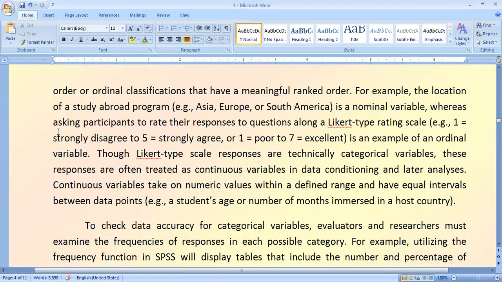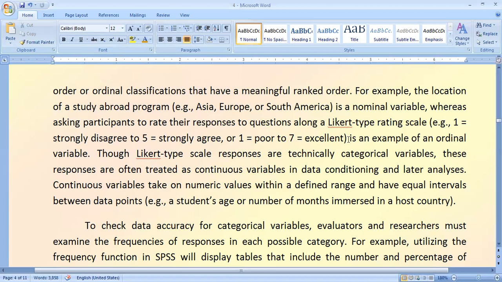For example, the location of a study abroad program, such as Asia, Europe, or South Africa, is a nominal variable, whereas asking participants to rate their responses to questions along Likert-type rating scales, for example, 1 strongly disagree to 5 strongly agree, or 1 poor to 7 excellent, is an example of ordinal values. Through Likert-type scales, responses are technically categorical variables. These responses are often treated as continuous variables in data conditioning and later analysis.